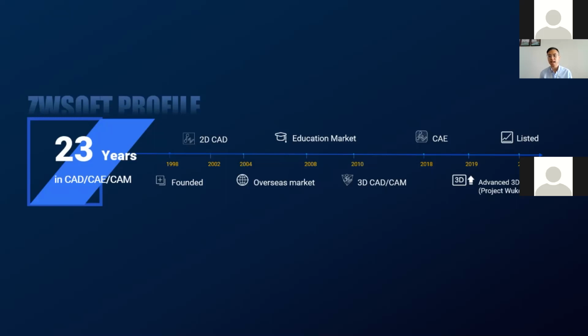In 2019, we had a higher-end CAE solution for our customers. There is also good news this year. ZWSoft successfully went public in China early this year, which means our company development will be faster than before after this year. And I will show you why I'm saying that.